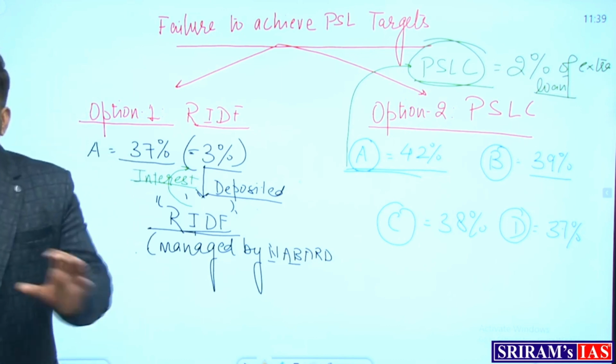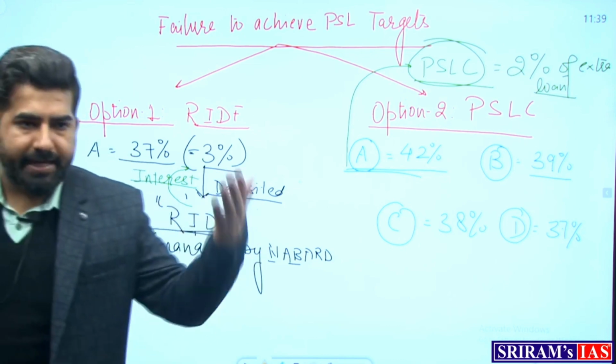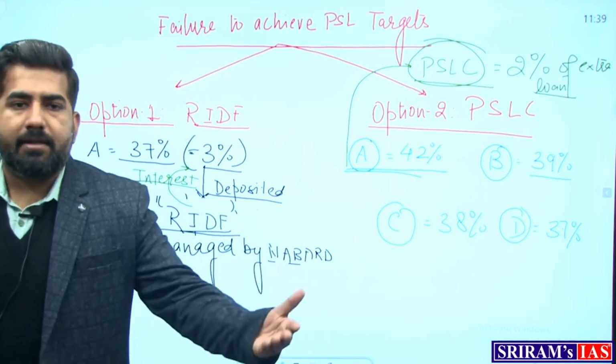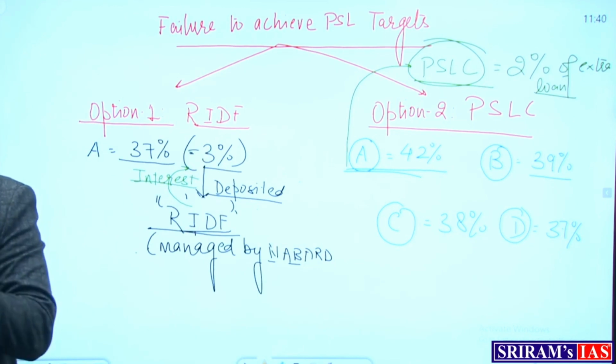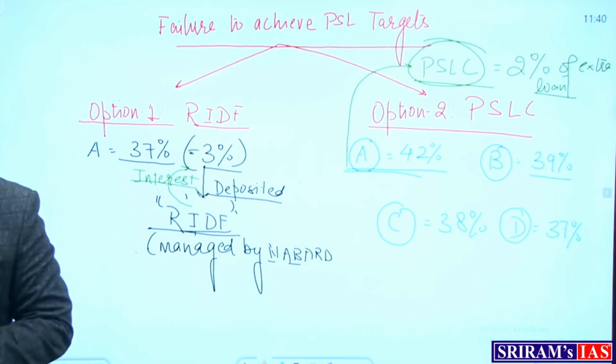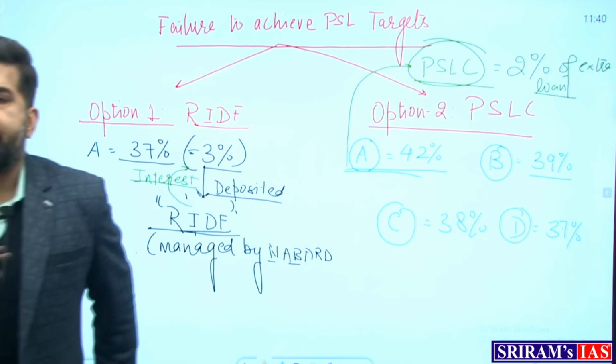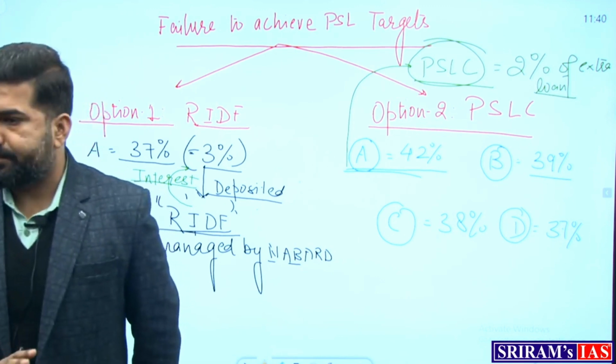So you see, A has just been given a certificate. Okay, you take this certificate. It is like you have got a certificate whose value is 2% of extra PSL. So one certificate of 1%, one of 2%, like that they were given certificates.